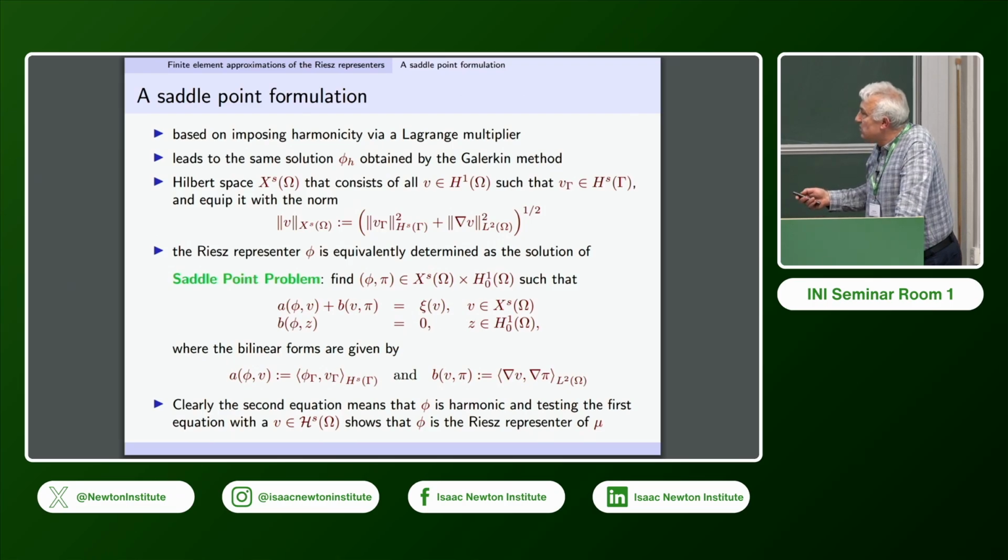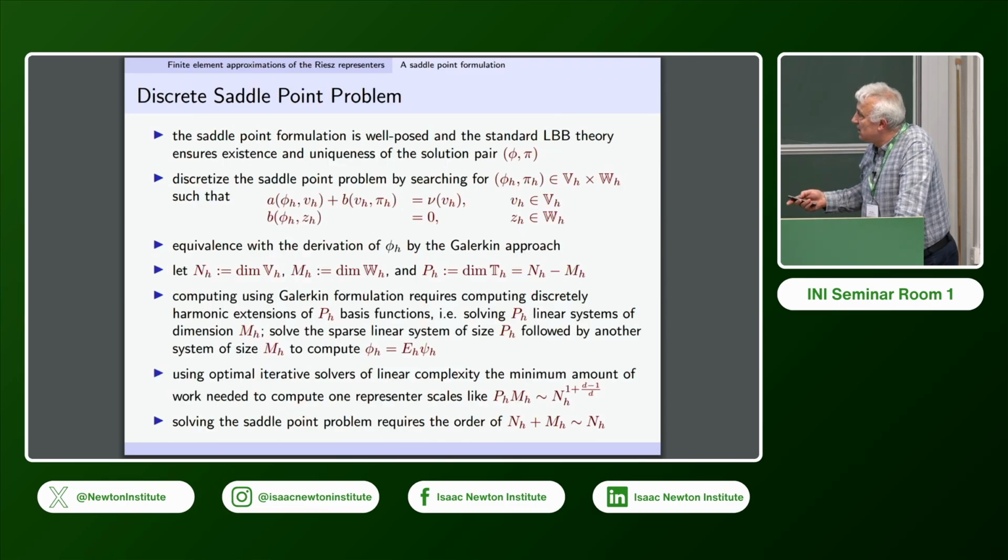And in this way, we find a solution which is equivalent. However, the number of computations usually for the Galerkin solution is n to the 1 plus d minus 1 over d, while here it is just n in the saddle point formulation that gives a better solution.